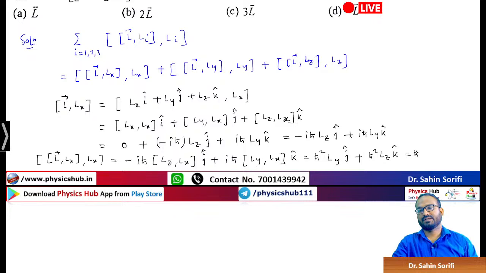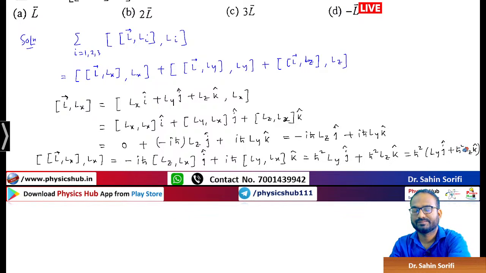So this is h cut square Ly j cap plus h cut square Lz k cap. So did you notice one thing? We took Lx and we got h cut square Ly j cap plus h cut square Lz k cap, right?